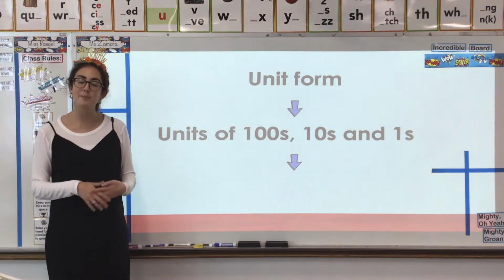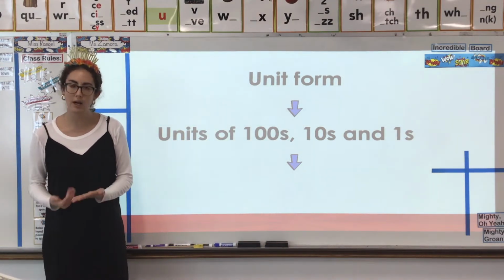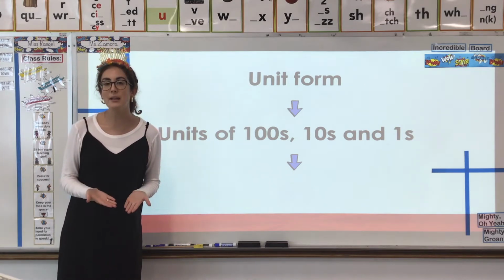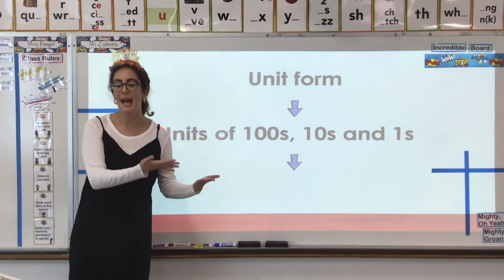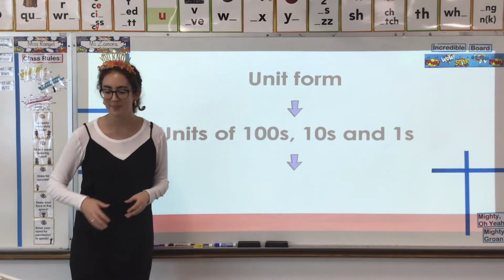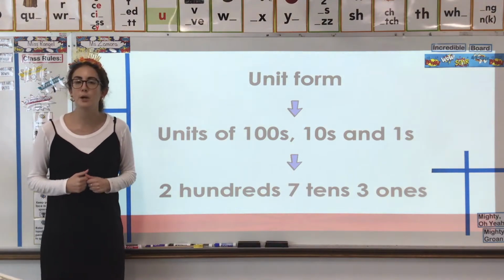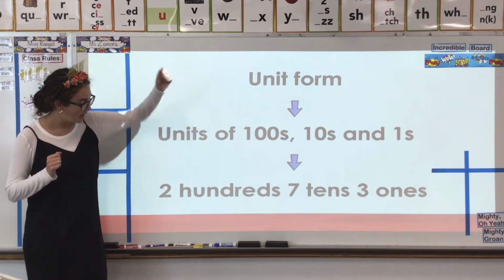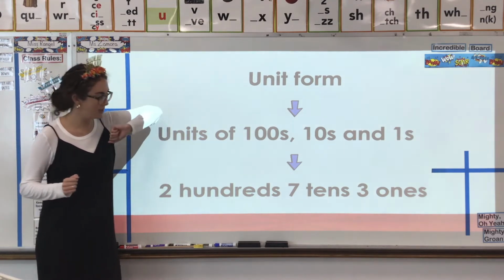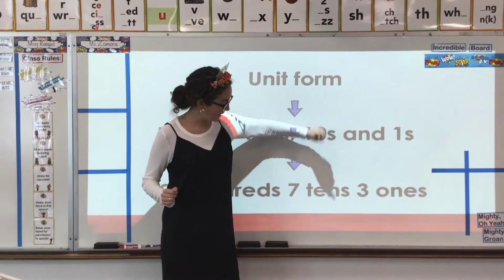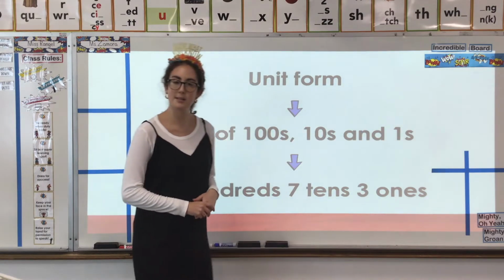So in a number, how many groups of hundreds are there? How many groups of 10? And how many groups of 1? For example, we looked at this before, the number 273. There's 2 groups of hundreds, 7 tens, and 3 ones.